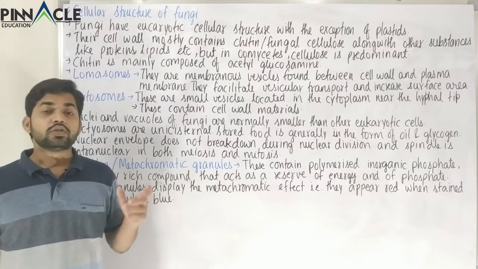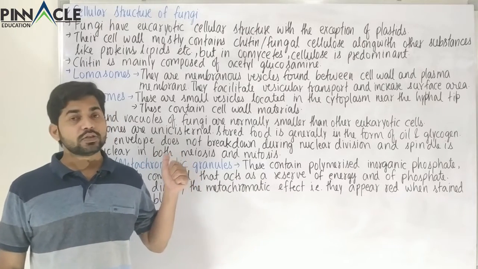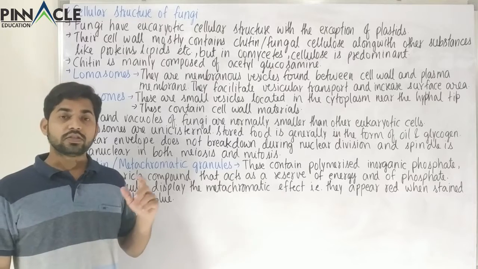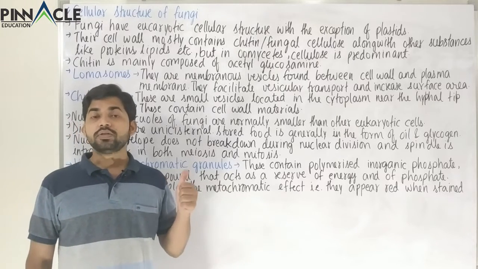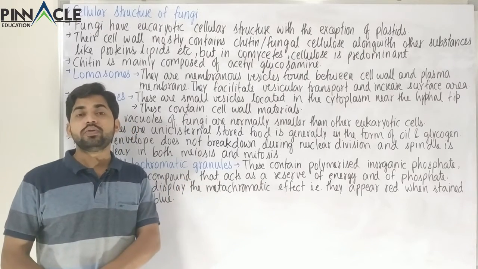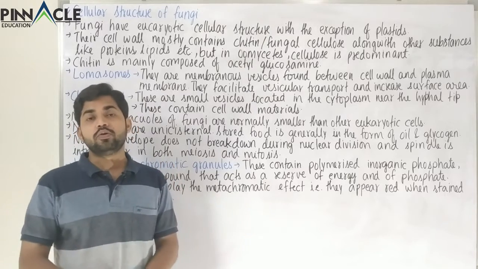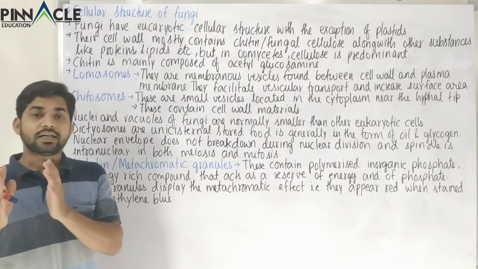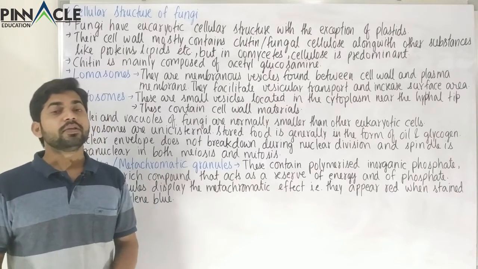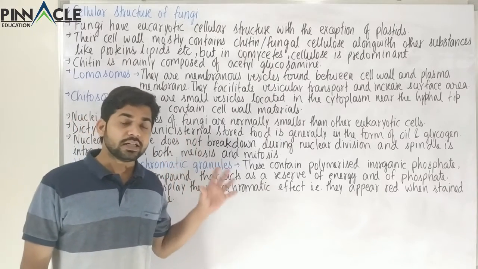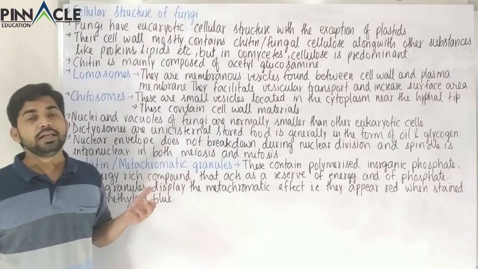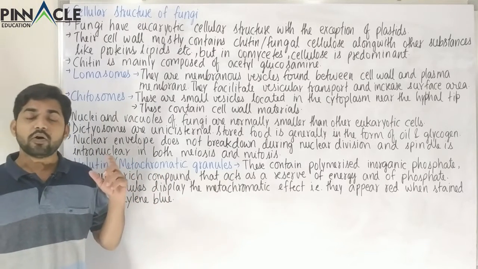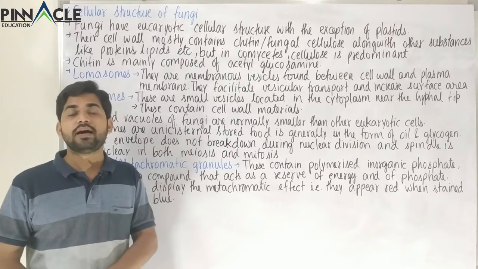So the cell wall in fungi is composed mainly of chitin, which is also a polymer. This chitin is also known as fungal cellulose. In a normal plant cell, cellulose is present in the cell wall. Here, the fungal cell wall will be mainly composed of chitin, or fungal cellulose, and also some other components are present.